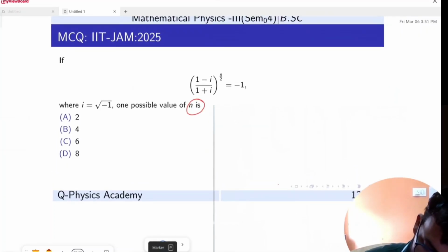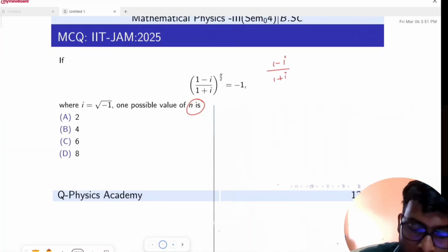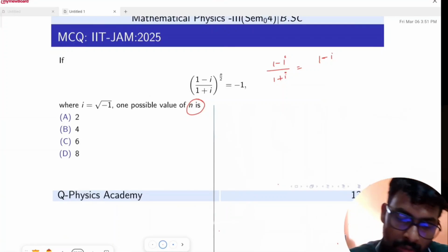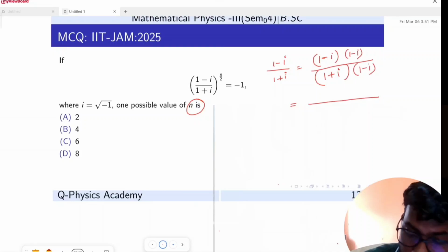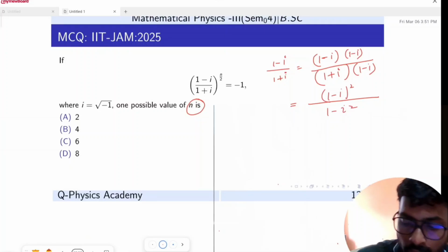Okay, so here given 1 minus I over 1 plus I. Okay, you just rearrange this, multiply the denominator and numerator with 1 minus I. So in the numerator part we get 1 minus I whole square and in the denominator 1 minus I square.